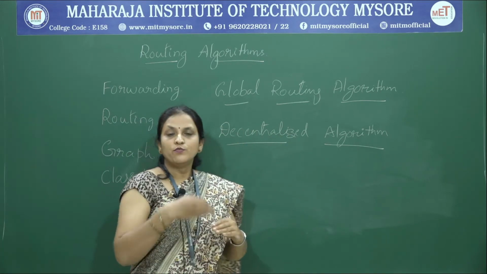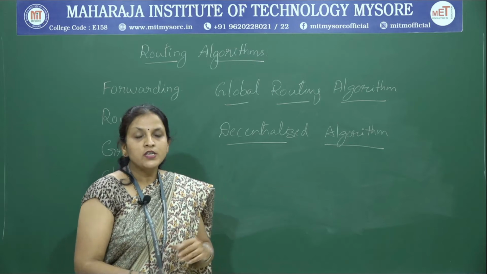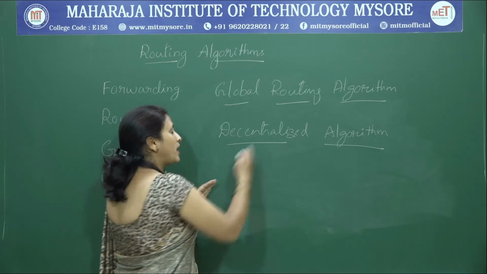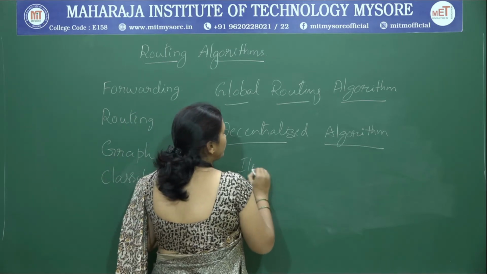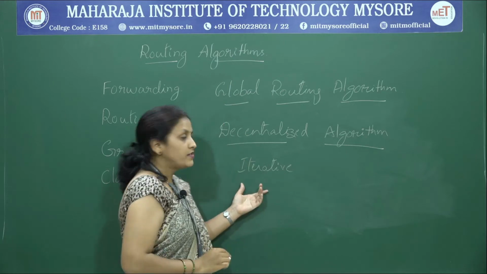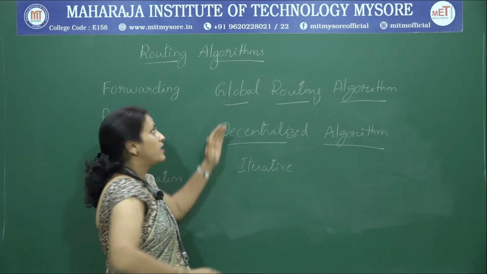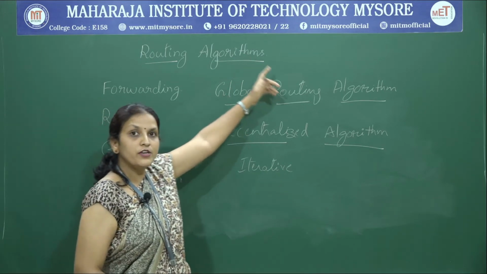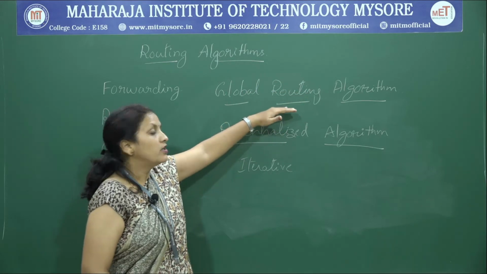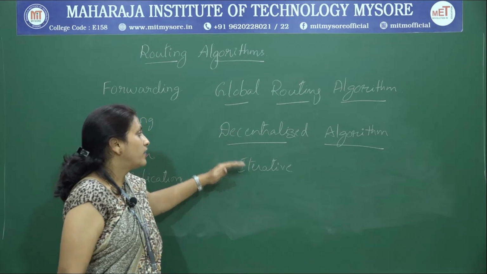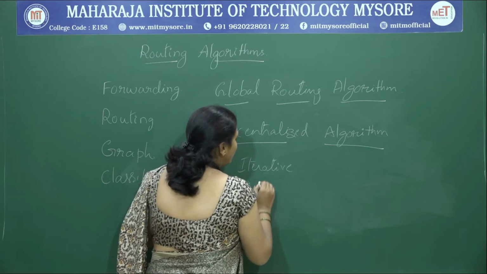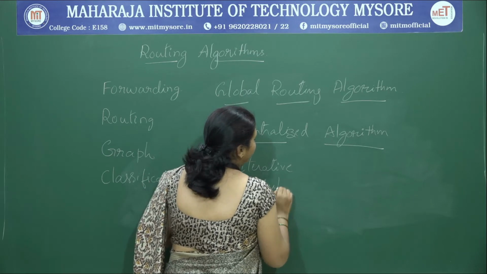As and when it moves on to the next iteration, the data is going to be updated. So it works in an iterative mode, and it is not centralized. In case of global routing algorithm, the information is centralized, everything should be available at the beginning itself. Here it is not like that, it works in an iterative and distributed manner.